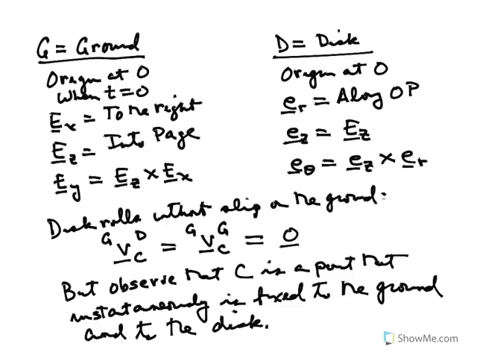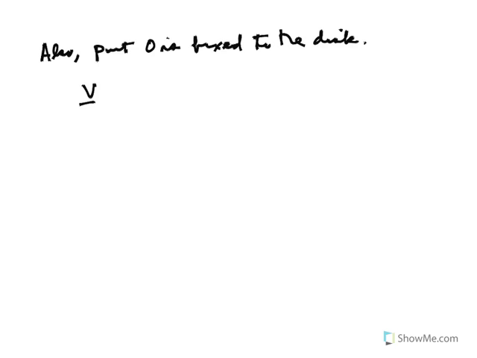That means that point C is a point on the disk, which means that we can actually use the fact that point O is fixed to the disk, and we can use that fact to relate the velocity of point O to the velocity of point C, because they're both fixed to the disk.